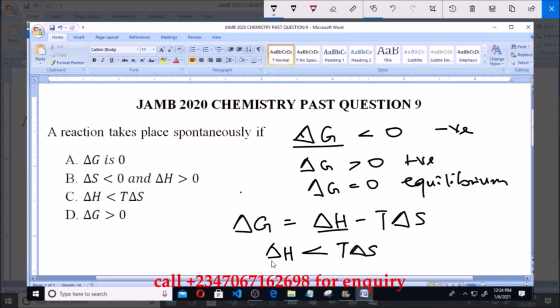When the enthalpy change is less than the entropy change multiplied by the temperature, then delta G will be negative, and then the reaction can be spontaneous, making option C the correct answer to this question. Delta H, the enthalpy change, must be less than the temperature multiplied by the entropy change.